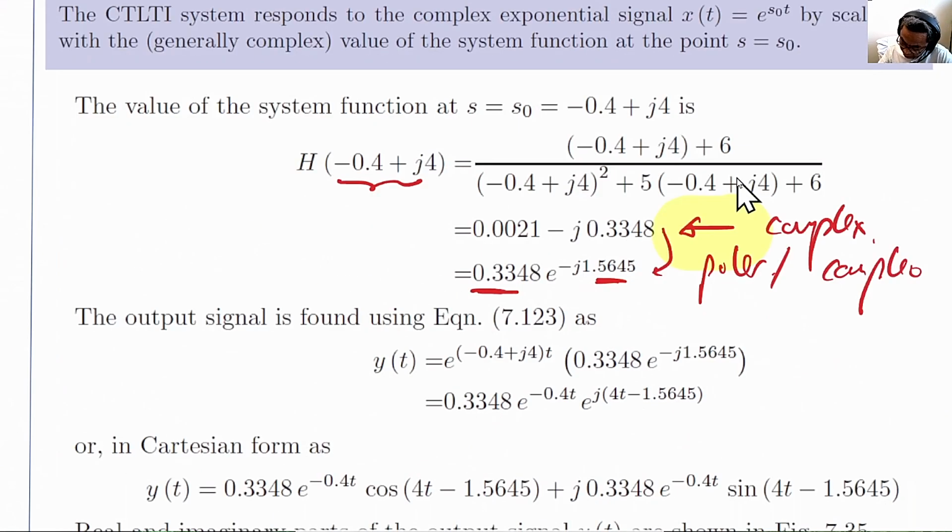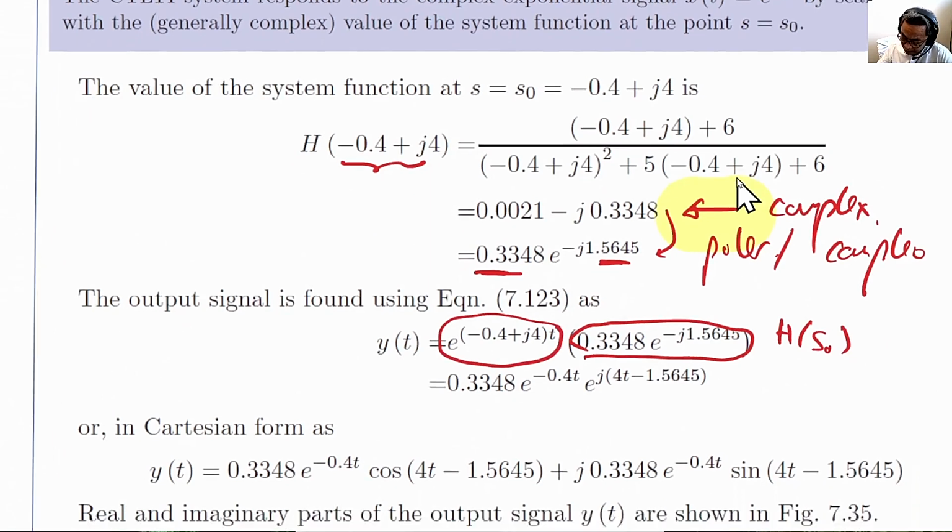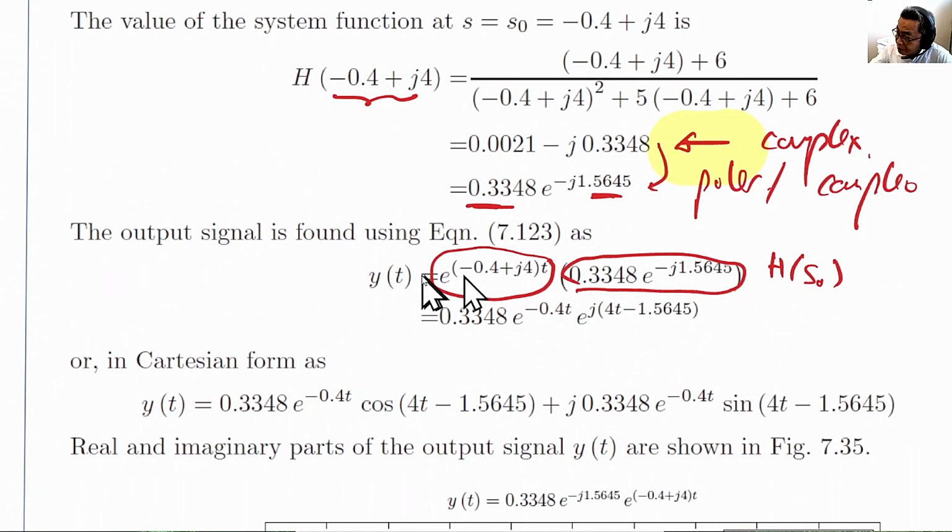So let's substitute. This is H(s0), and this is the input signal x(t). Now, because they are complex exponentials, we can start to move this expression around. So the A comes to here. Let's call this the A, the gain at s0. Here is the phase shift.